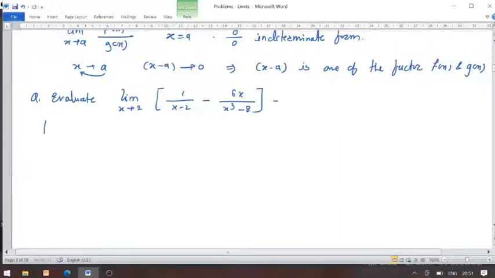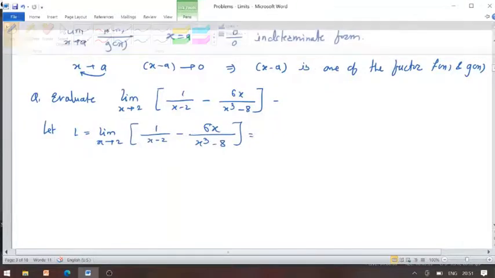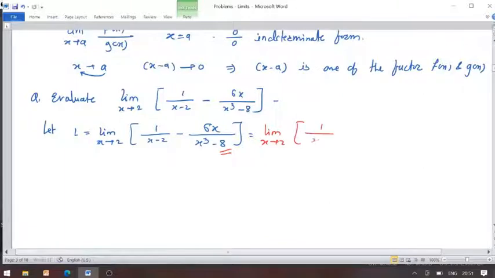Now let us assume again L to be the given limit as x tends to 2 of 1 upon x minus 2 minus 6x divided by x cube minus 8. Now this 8 is a perfect cube of 2. So we can easily write limit as x tends to 2 of 1 upon x minus 2 minus 6x divided by x cube minus 2 cube.